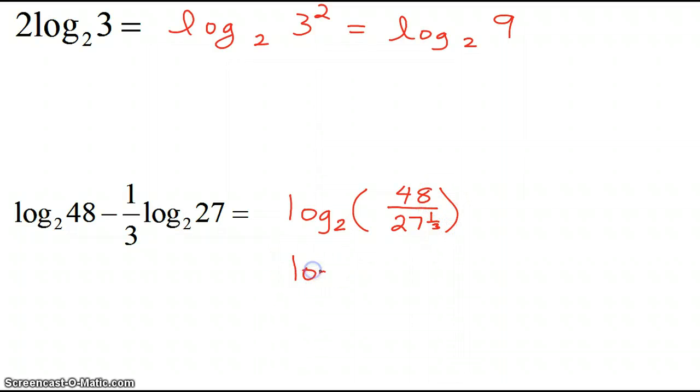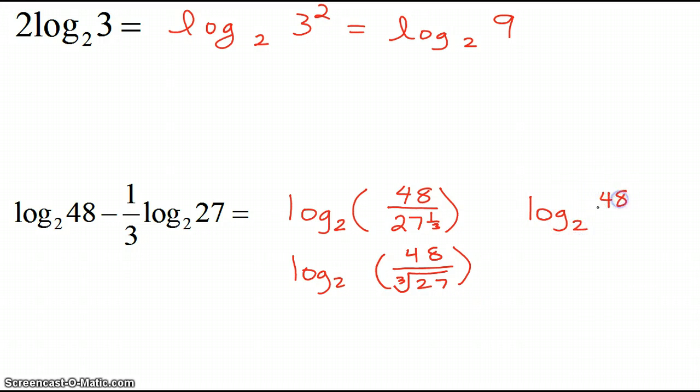So I have log base 2 of 48. But what does the 1/3 power mean? It means the cube root of 27. But of course that's not done. So I can do log base 2 of 48. And I ask myself, what is the cube root of 27? It's 3.